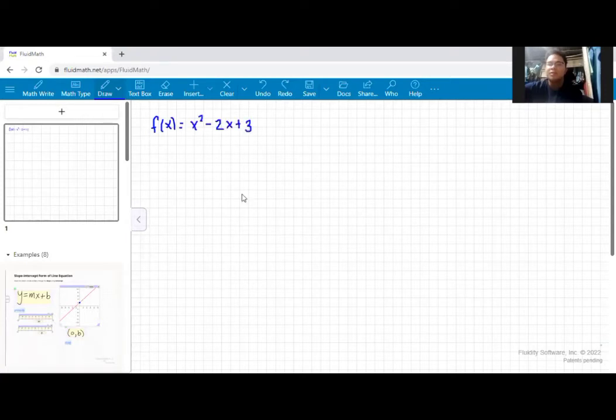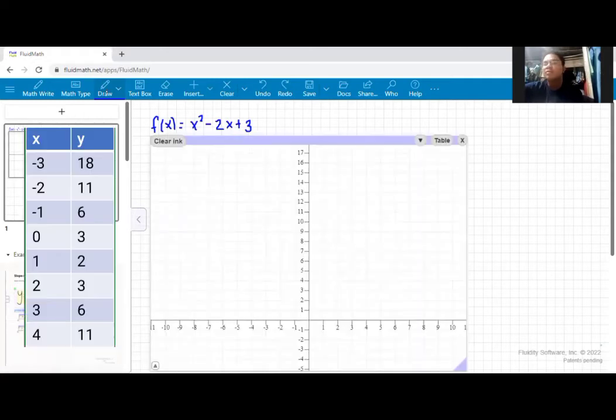As we said earlier, we will represent these quadratic functions in a graph, so we will be plotting the values of x and y. First is negative 2 and 11. Second is negative 1 and 6.